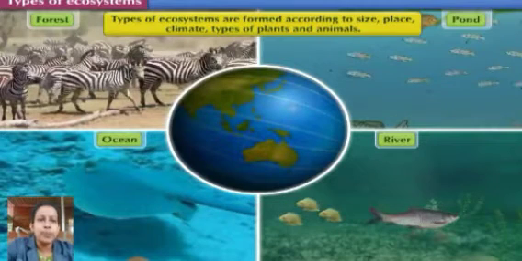So, depending upon the size of the place or climatic conditions of the place, types of the plants there and animals, contribute to a type of ecosystem. So, all these factors decide what type of ecosystem will be there. Is that clear, students? Now, let us proceed further.